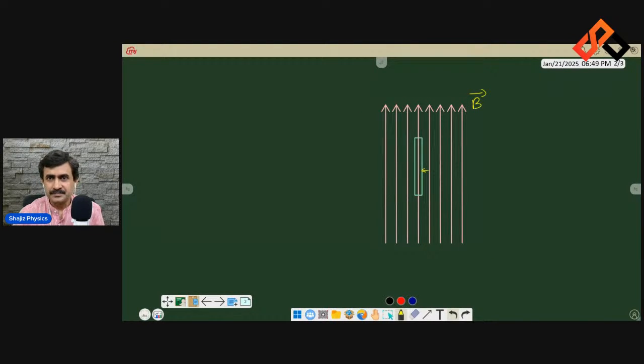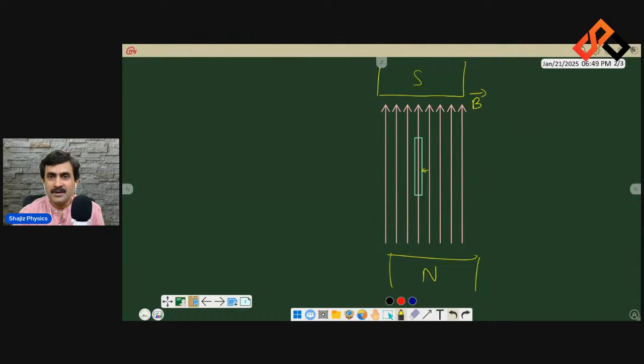Okay, now here also you should understand that there will be a magnet whose north pole is placed here, and there will be a south pole placed here. Whenever you see a uniform magnetic field like this, you should understand that at the point from where the arrows are originating, there will be a strong north pole, and where the arrows are getting terminated or directed towards, there will be a south pole.